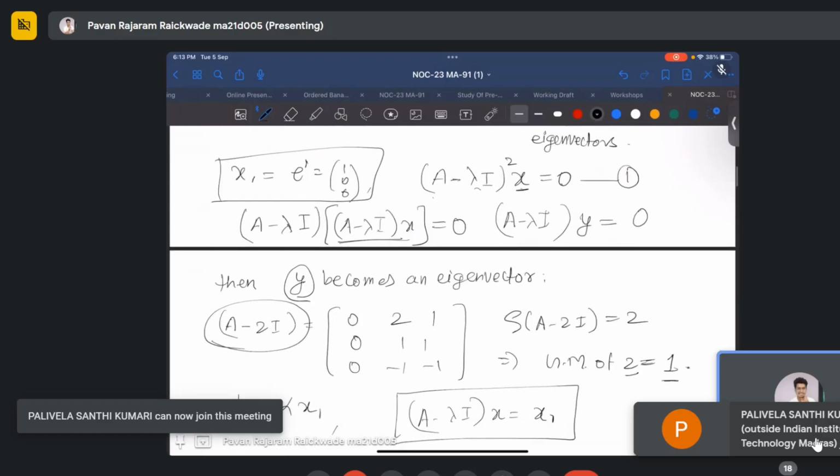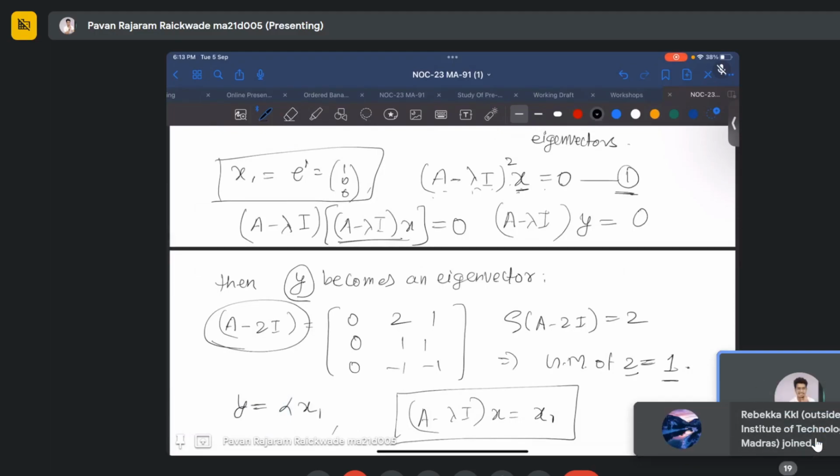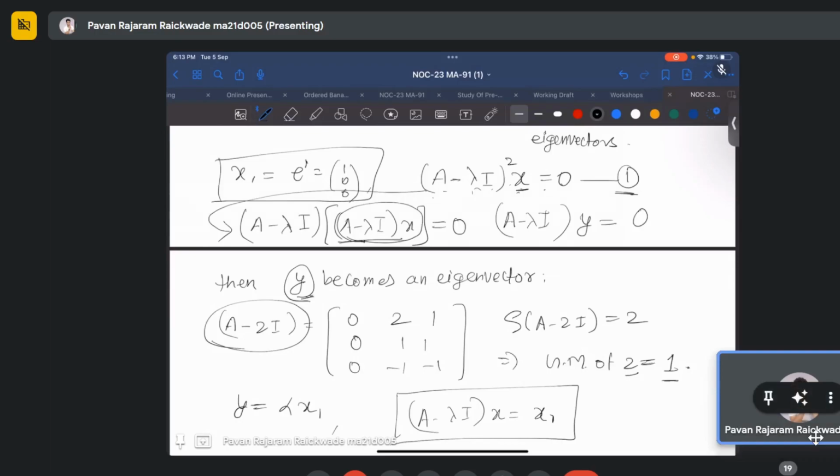I'll repeat again. If x satisfies equation 1, that implies (A minus lambda I) squared x is 0. From here we get that (A minus lambda I) x, if I name it as y, then y is an eigenvector corresponding to eigenvalue 2.